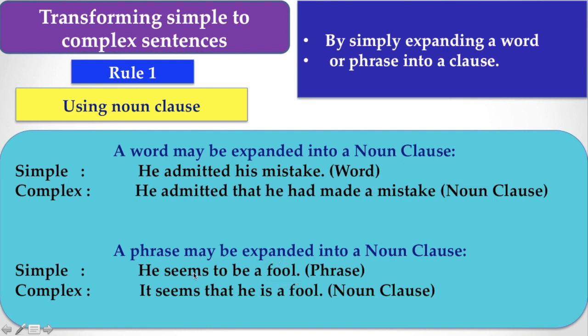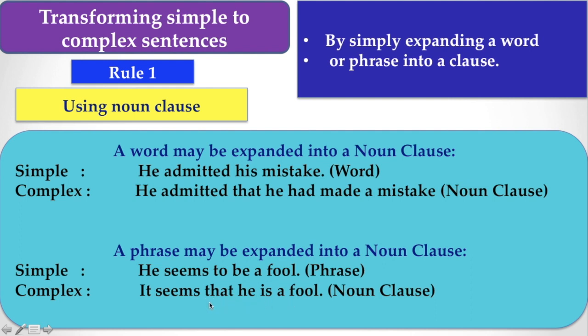This is a simple sentence, and when we convert it into a complex one, we write it in this manner: it seems that he is a fool. Here you find it seems, subject and verb, and after the verb there is an object part, that he is a fool.